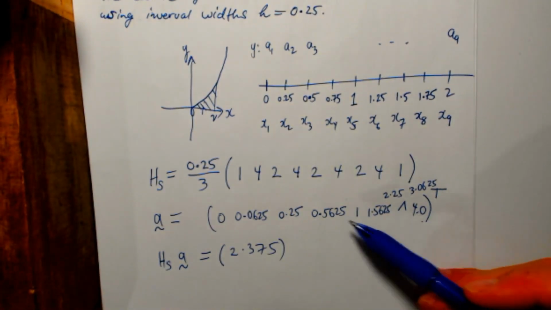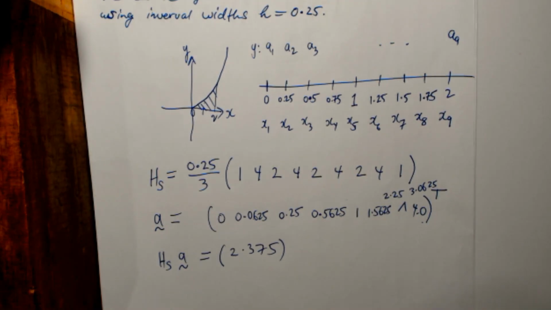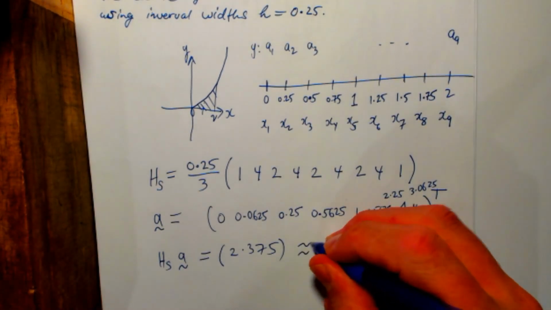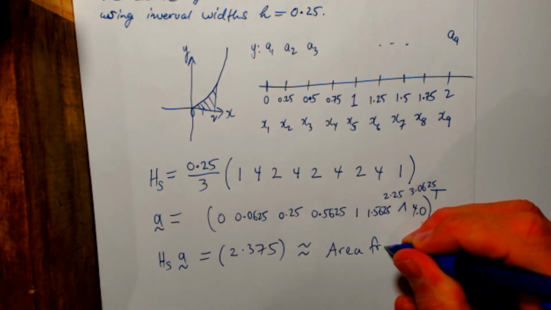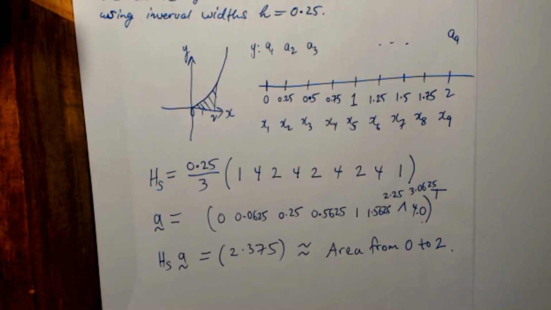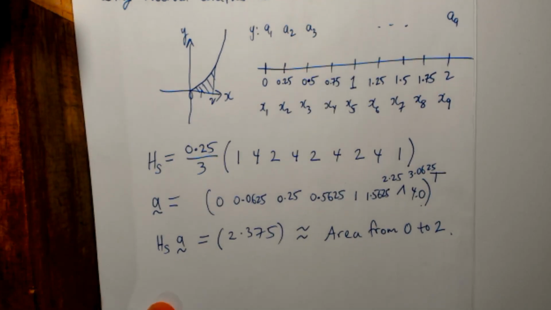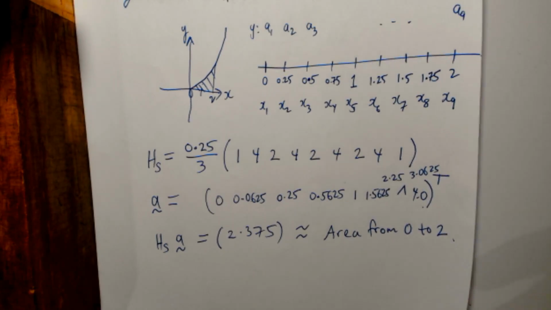Multiplying, and you add the result and then multiply by this. So this is what you get, and so this is approximately the area from 0 to 2. Okay, let's move on to the next question.